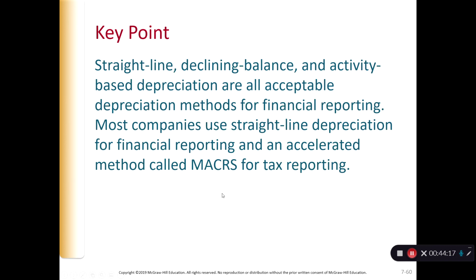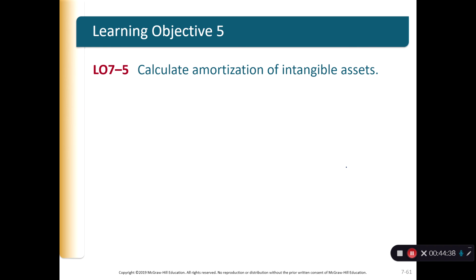Okay, so takeaway: straight line, declining balance, and activity depreciation are all acceptable depreciation methods for financial reporting purposes, and most companies use straight line depreciation for financial reporting, and an accelerated method called MACRS for tax reporting purposes.